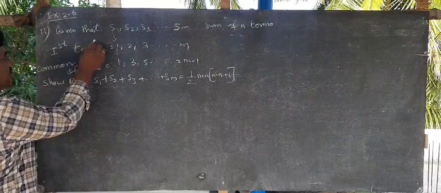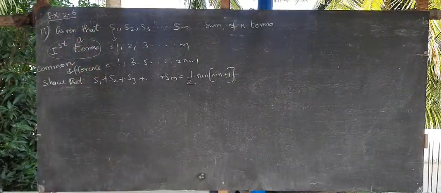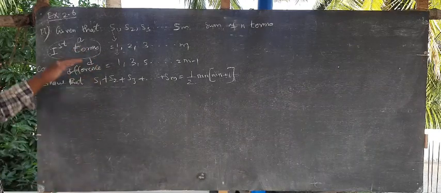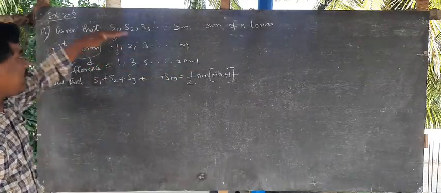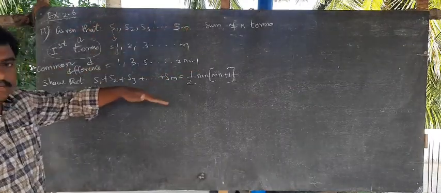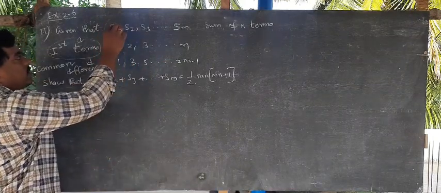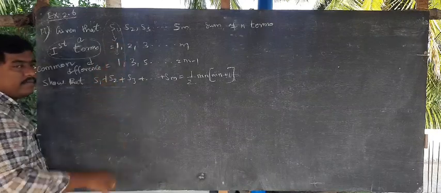So I have written here the first term as A and common difference as D. The given terms will be A and D for the S1 to Sm series. For each they are given. For S1, the first term will be 1, common difference will be 1.